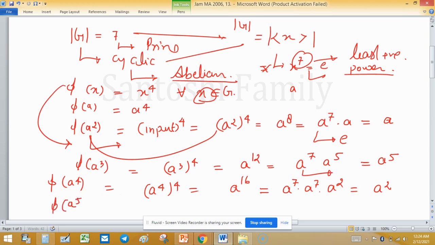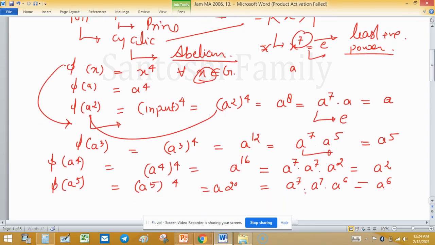Phi of a raised to the power 5 is a raised to the power 5 raised to the power 4, which is a raised to the power 20, which is a raised to the power 7, 7 and 6, so a raised to the power 6. And the last one, phi of a raised to the power 6, is a raised to the power 6 raised to the power 4, which is a raised to the power 24, so 7, 7, 7 into a raised to the power 3.